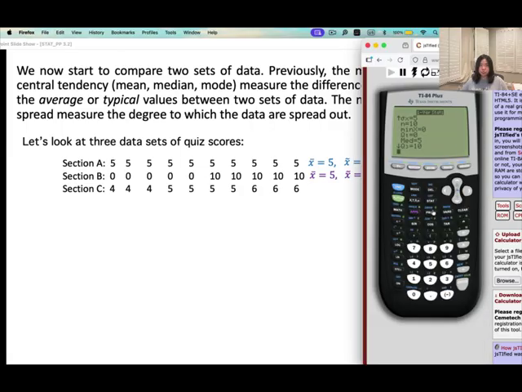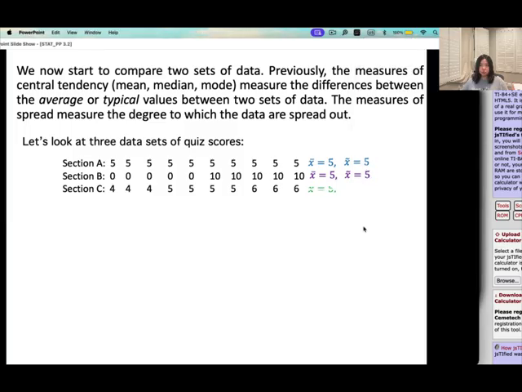Now, the last one, session C. Go to calc, one-variable statistics, second 3 for L3. Go to calculate. Okay, we still get the same thing. The mean is equal to 5, and the median is also equal to 5.